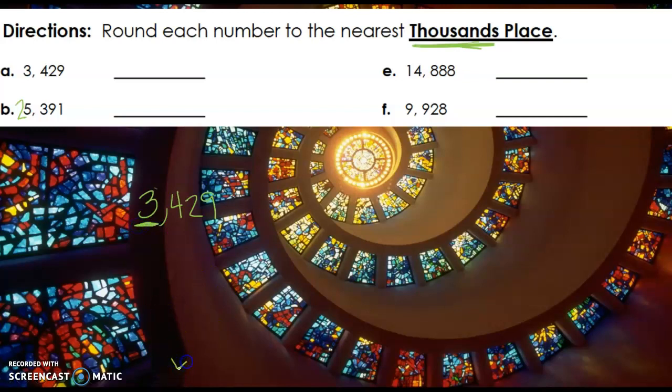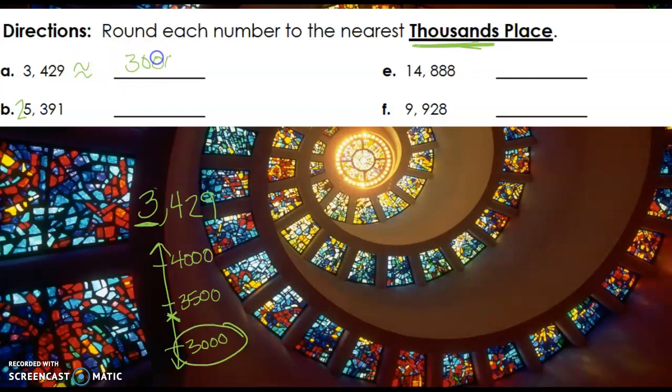I have 3 of them. So that means my floor number is 3,000. 1,000 more gives me my ceiling, which is 4,000. Halfway between, 3,500. Now, 3,429 is a little bit below the middle, so that means it's going to round to 3,000 and say this is about 3,000.